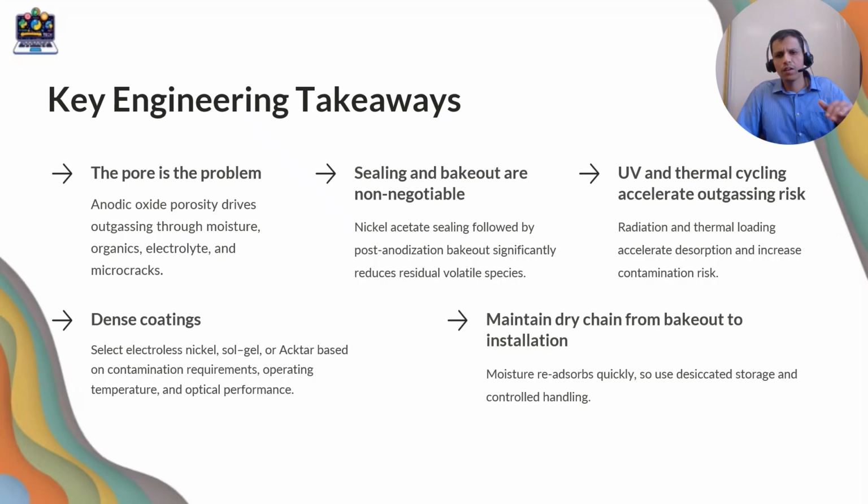And we talked about dense coatings as alternatives, where electroless nickel or sol-gel and Actar coating can help, with some trade-offs. And again, how we handle the parts is also an important step: always try to maintain a dry place and properly vacuum seal the unit. Those are the takeaways from this presentation.